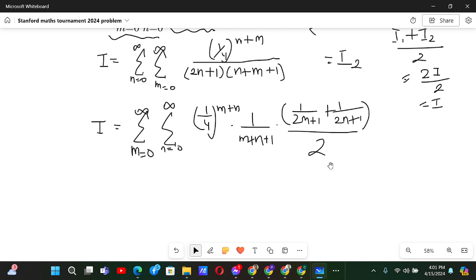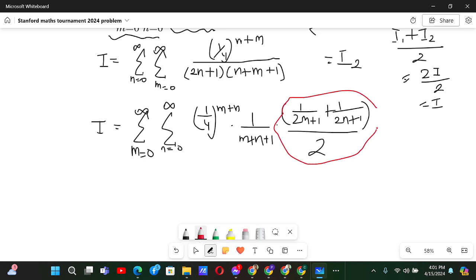Now the real fun begins while solving this. If you try to sum this, we get 2n plus 1 plus 2m plus 1. That's just 2m plus 2n plus 2. Dividing by 2, you see that this expression will reduce to 2m plus 2n plus 2 by 2 times (2m plus 1)(2n plus 1).